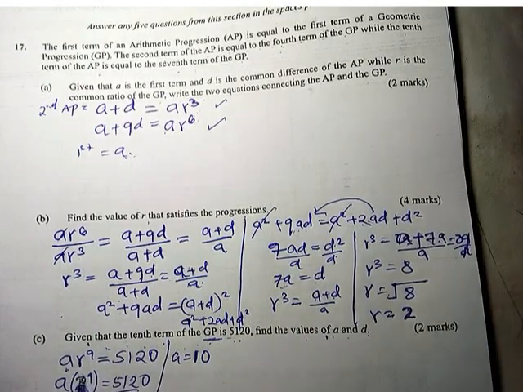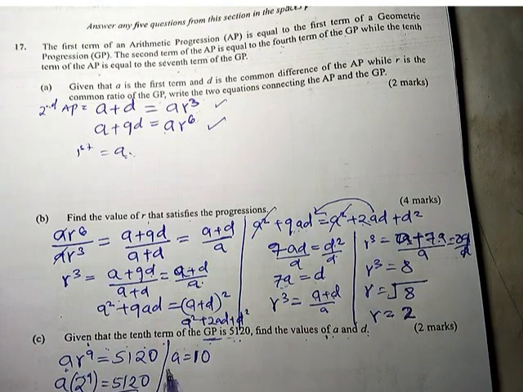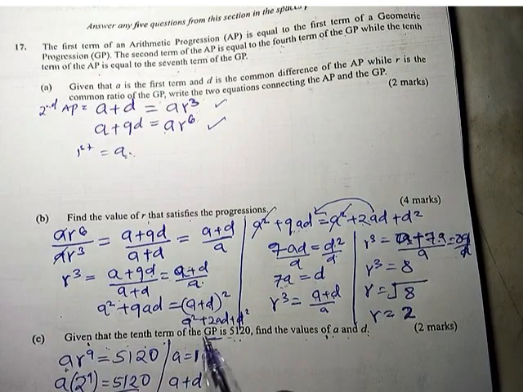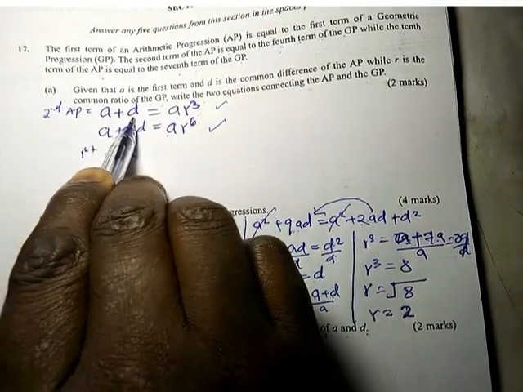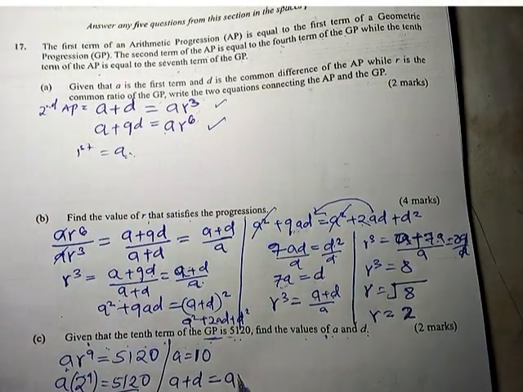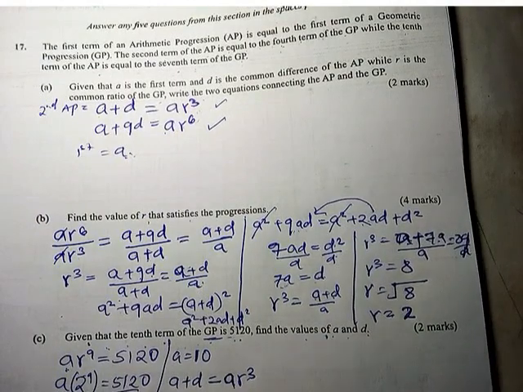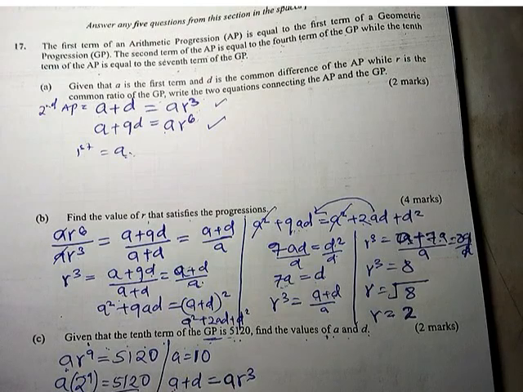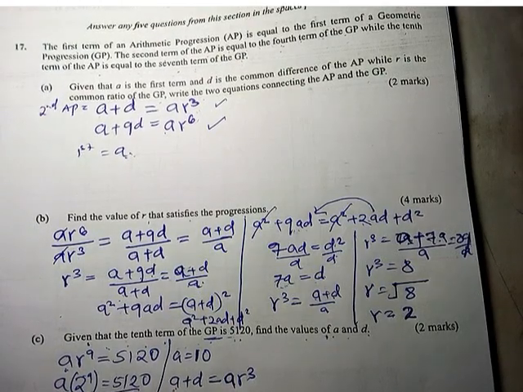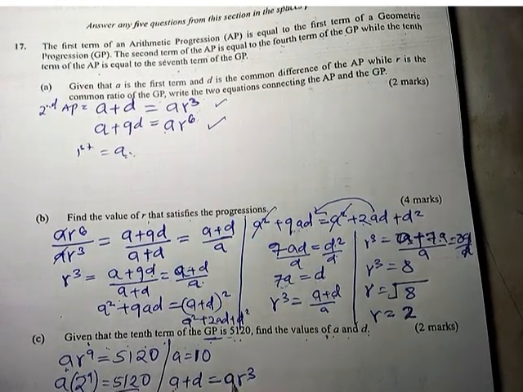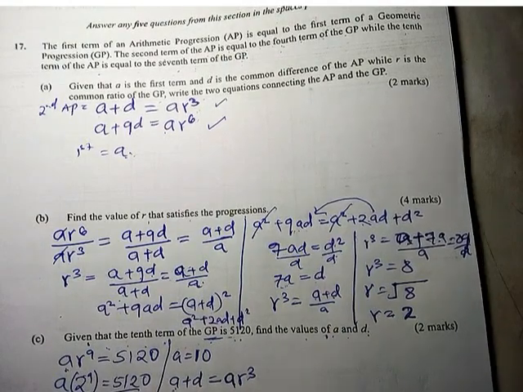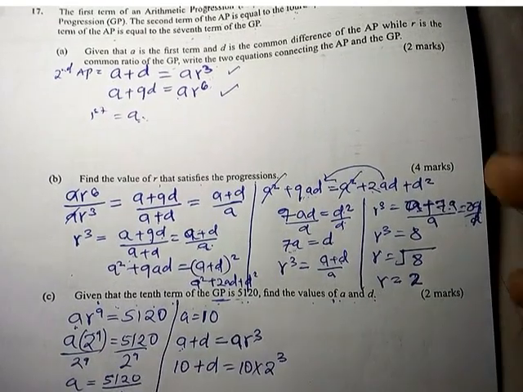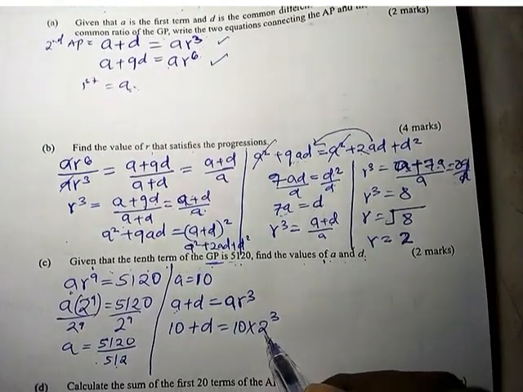But we know that A plus D is equal to AR cubed. Now we have A, that is 10, plus D is equal to A, which is 10, times R, which is 2, cubed.